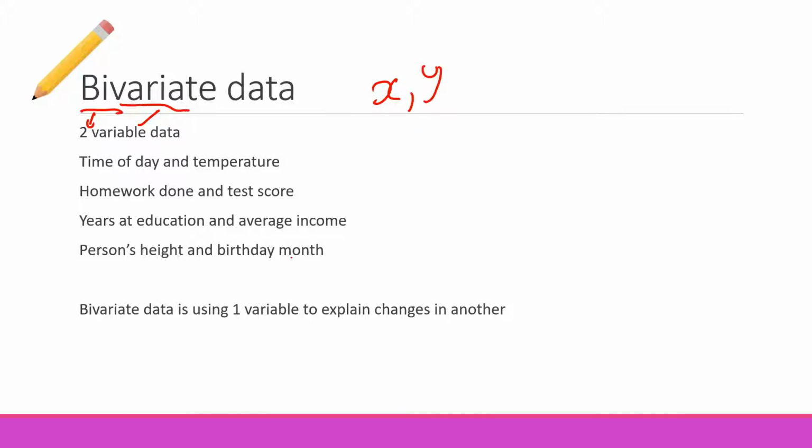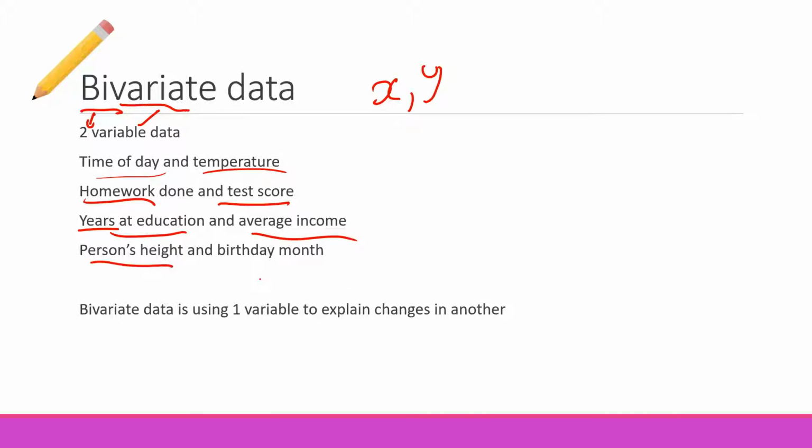When we talk about two variable data, we ask what two variables you could use. You could use time of day and temperature. You could use homework and test scores. You could use years of education and average income.